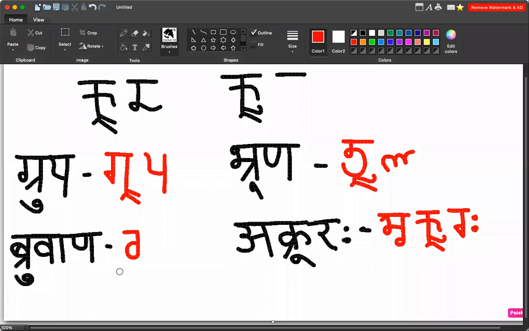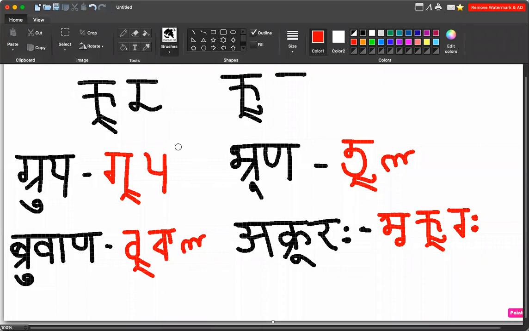Bruan. As I said, the word may have some grammatical error, but it's more from the representation of the letters along with the matra.